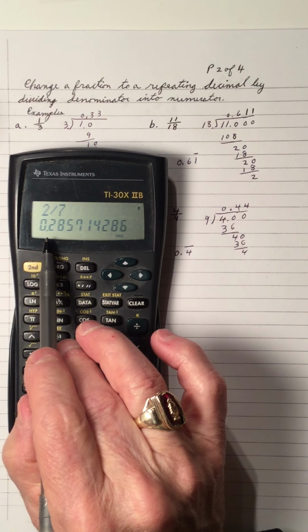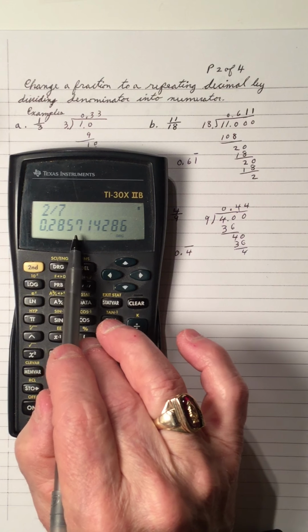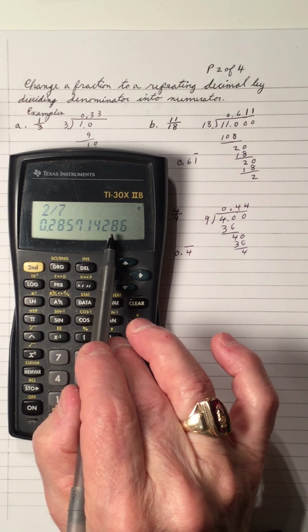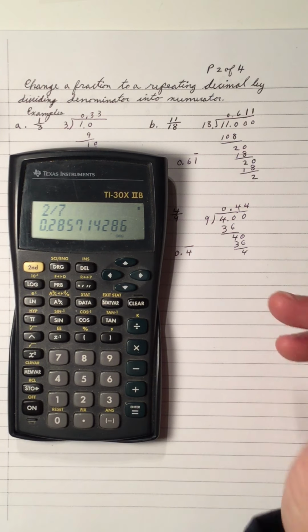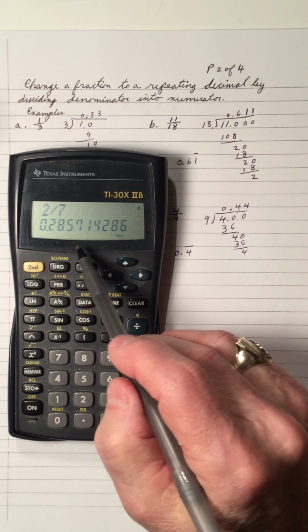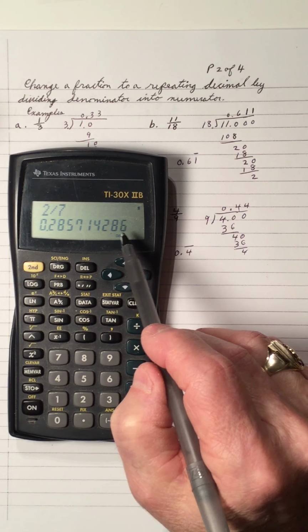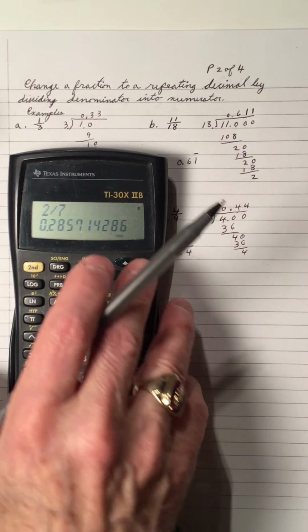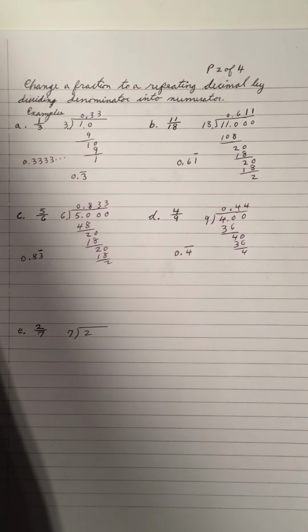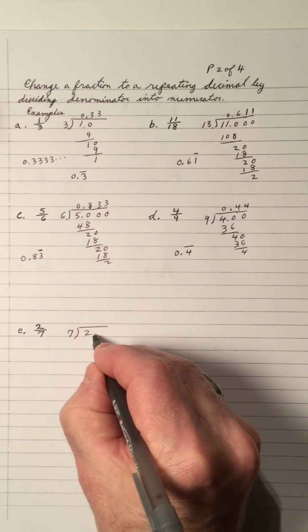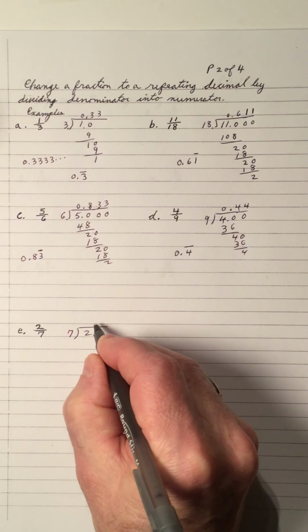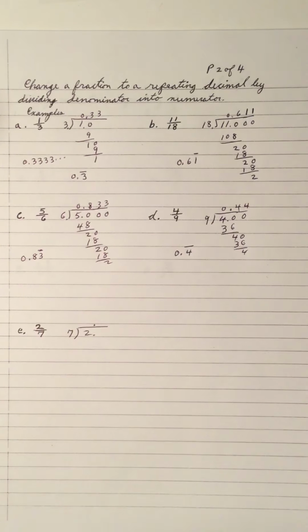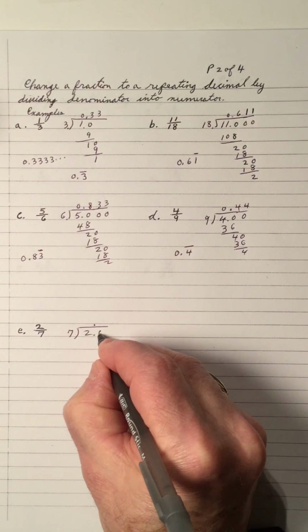We have 2, 8, 5, 7, 1, 4, 2, 8. So there is a pattern, but it stops. This is not a really good one to show. I just did it to show you that sometimes the pattern is going to be hard to find and see, so you need to divide it out. The calculator might not give it to you.